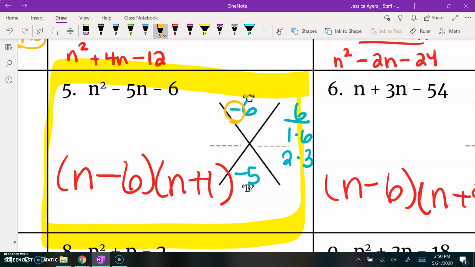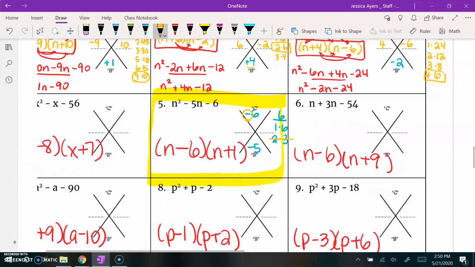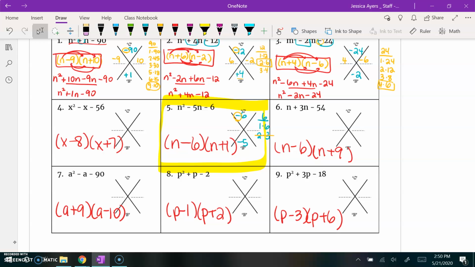Since we want a -6, that means our signs need to be different, and we need to subtract to get our B value. So 2 and 3 won't work because we need to add them, and that is why it is -6 and +1 instead. So that's why you want to make sure you're very careful and paying attention to what your signs are, especially when they become mixed up and they're different.